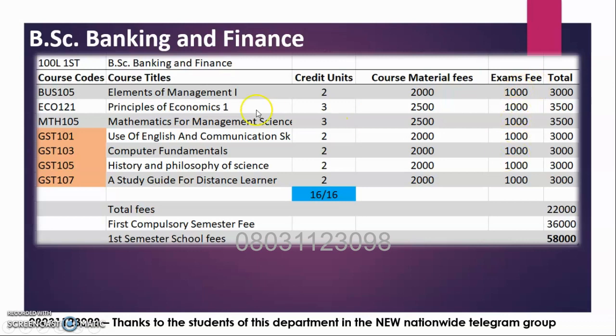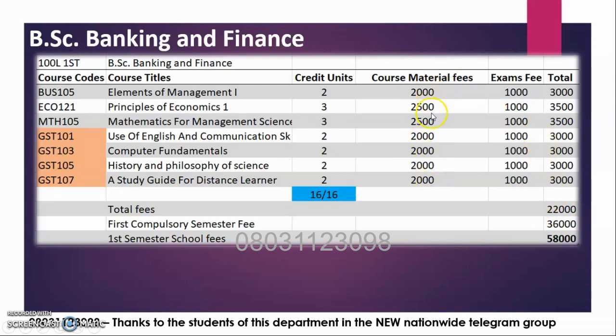Here we have the exam fee for each course. It's 1,000 generally for every undergraduate in NOUN. So the course registration fee plus exam fee will give you these totals here. 2,000 plus 1,000, 3,000; 2,500 plus 1,000, 3,500, and so on. The total fee for the registrations is 22,000.